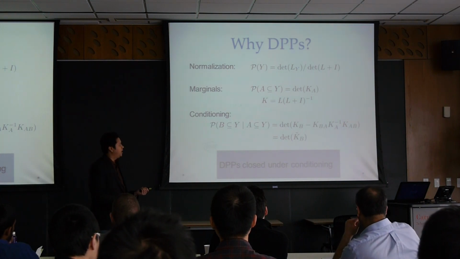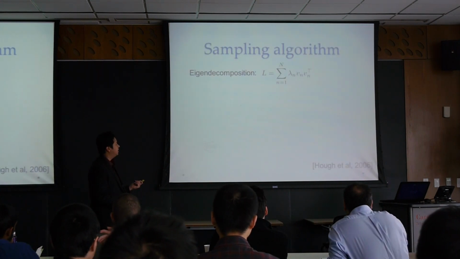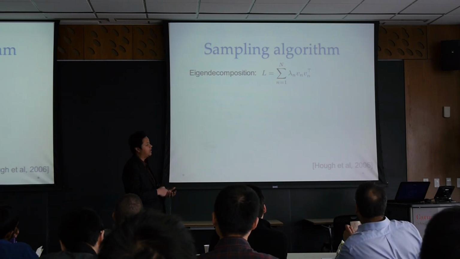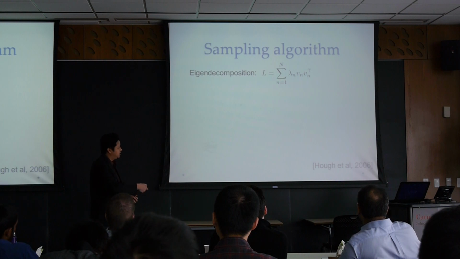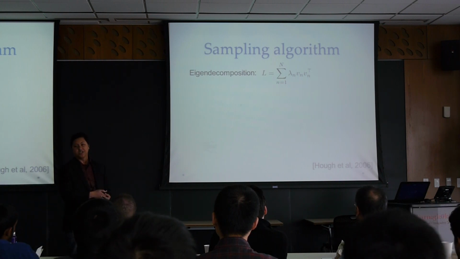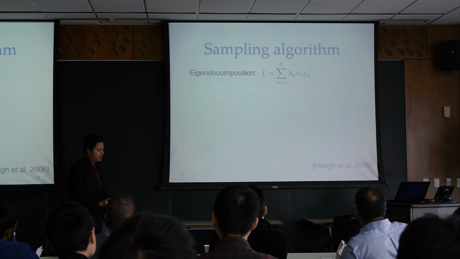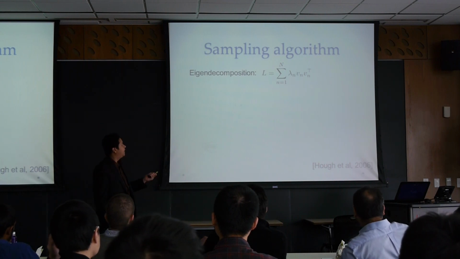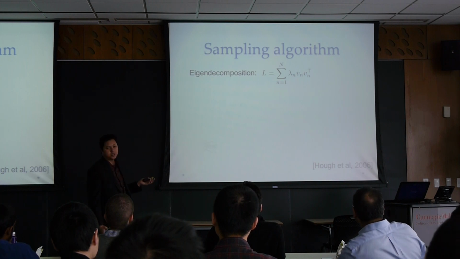So it has all this nice mathematical formality to it. And here's another one, which I think is the reason why DPP became famous: the sampling algorithm. This was discovered by Hafiz in 2006. So the whole idea is, how do you sample from a DPP, right? The way you do it is you look at the kernel matrix, you do the eigendecomposition.